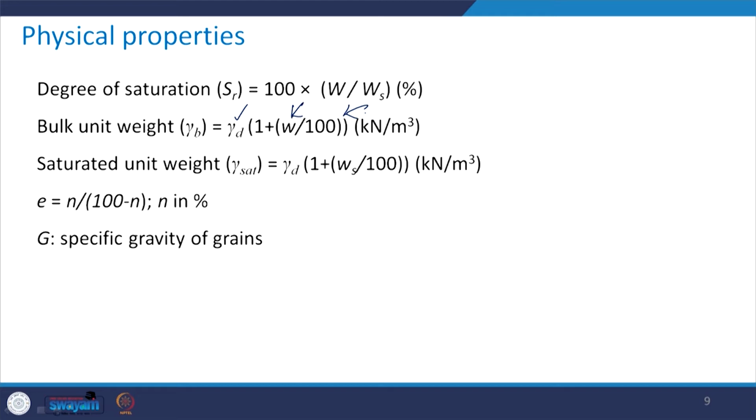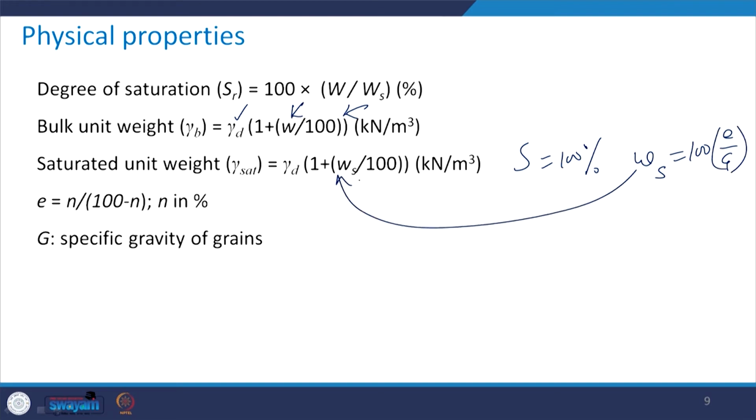And then you have the saturated unit weight, that means when you have saturation, capital S equal to 100%, then whatever is the moisture content corresponding to that, which is 100 into e upon G as we just saw, you substitute here and you will get the saturated unit weight, where G is the specific gravity of the grains.